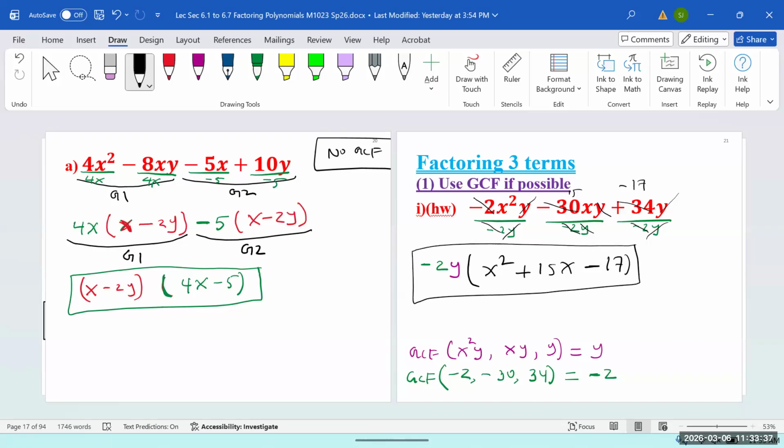And for now, we stop. We factored out GCF. For now, we stop. But later, when you learn how to factor this, we're going to factor more. Any questions? So it wasn't too bad, right?